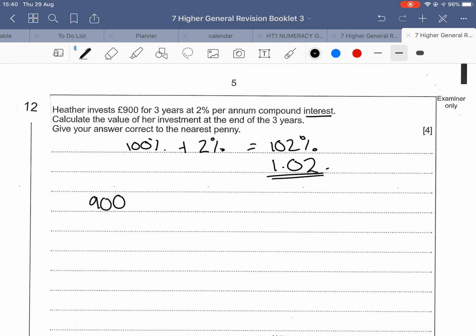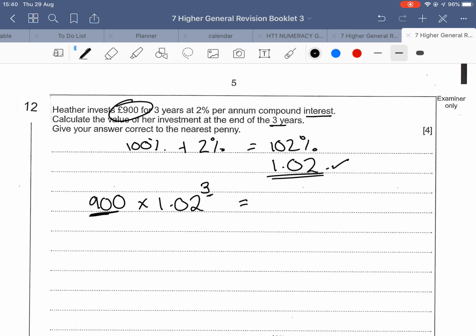I mean, it's only 3 years, you could have done it a long way, but that's effort. So we want to times that by our multiplier, and there's always a power of something, and that's to the power of how many years. So 3 years, that means to the power of 3, and that's it. It stays the same. You just find your multiplier. This is the amount that you start with, and then this is how many years.